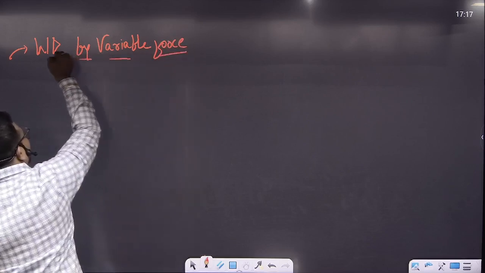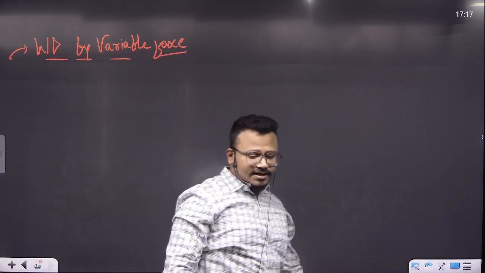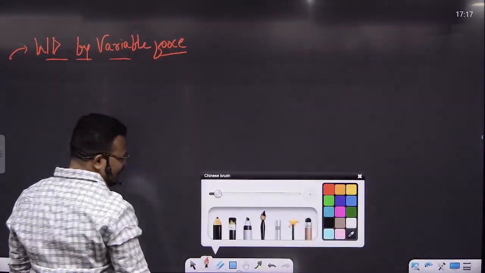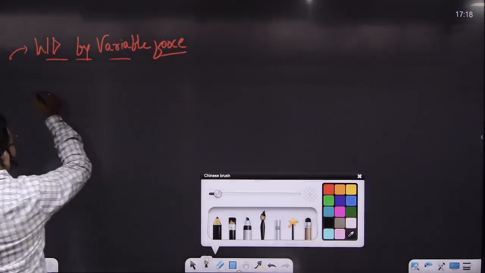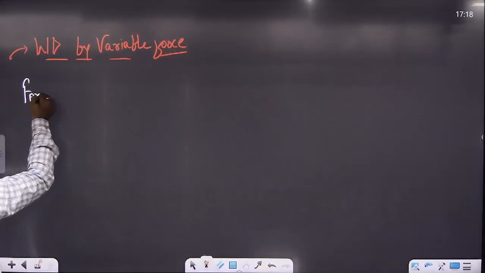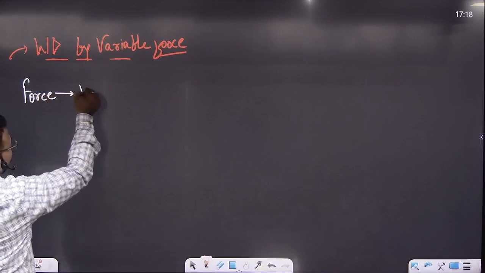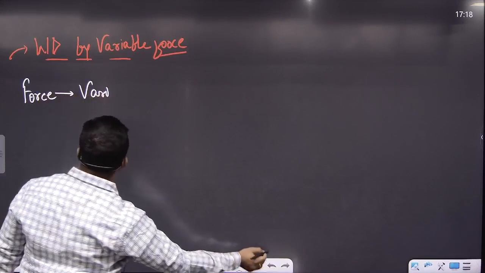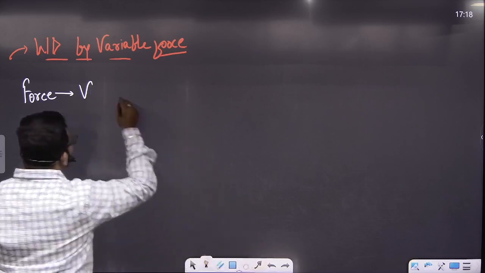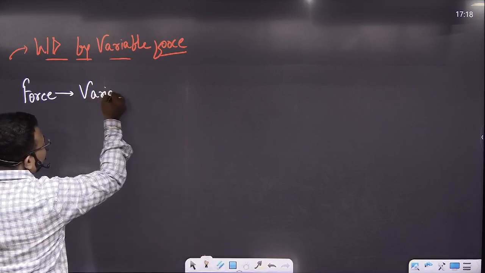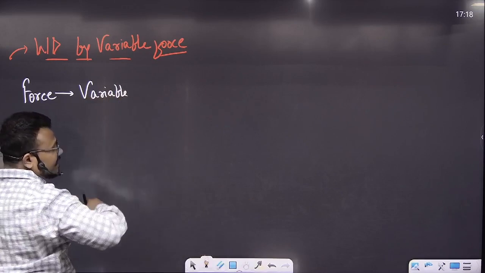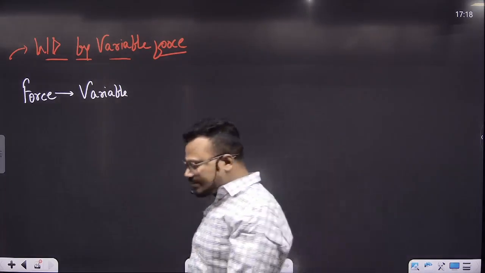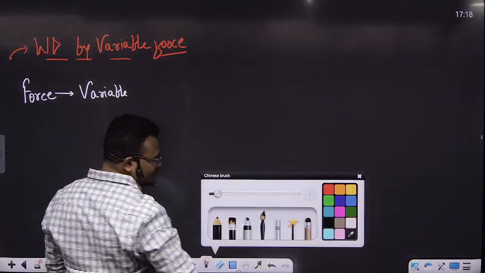Okay. So when work done by variable forces is coming, how can the force change? If the force is variable, it can change in 3 different ways. What are the 3 different ways?